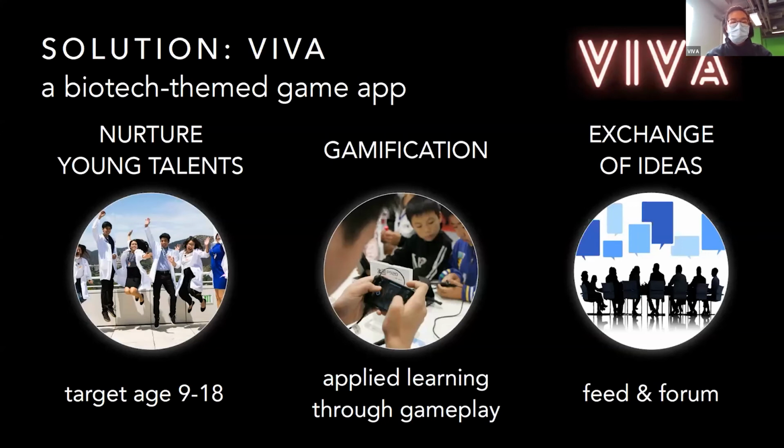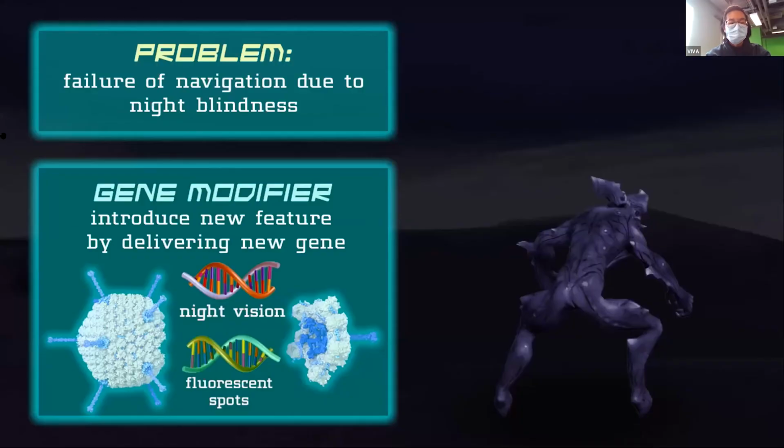So now we want to have a solution: FIFA, a biotech-themed game app. We aim to let students learn biotech at a young age. We want to nurture them by gameplay, and with their applied learning, we want to inspire them and build a community for these smart people in a smart city. So we simulate real-life health problems, and everyone can be a bioengineer.